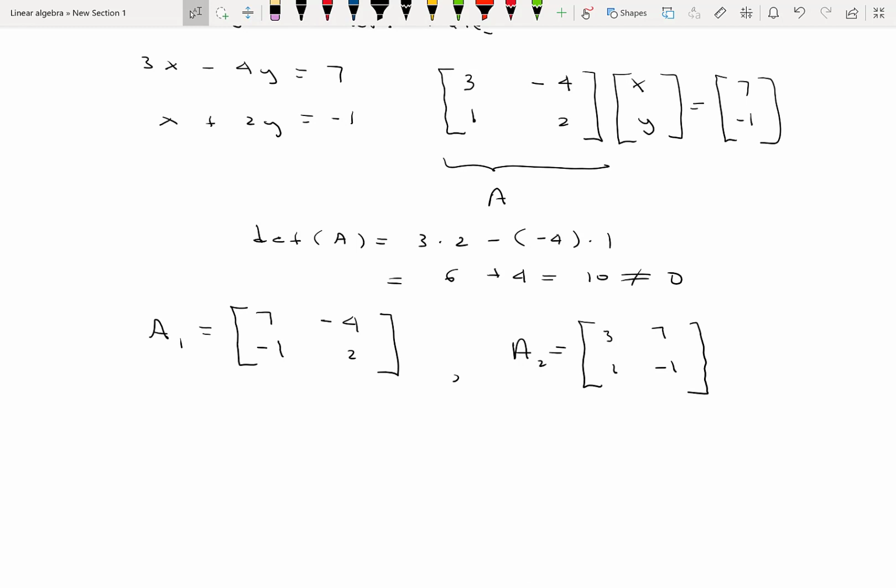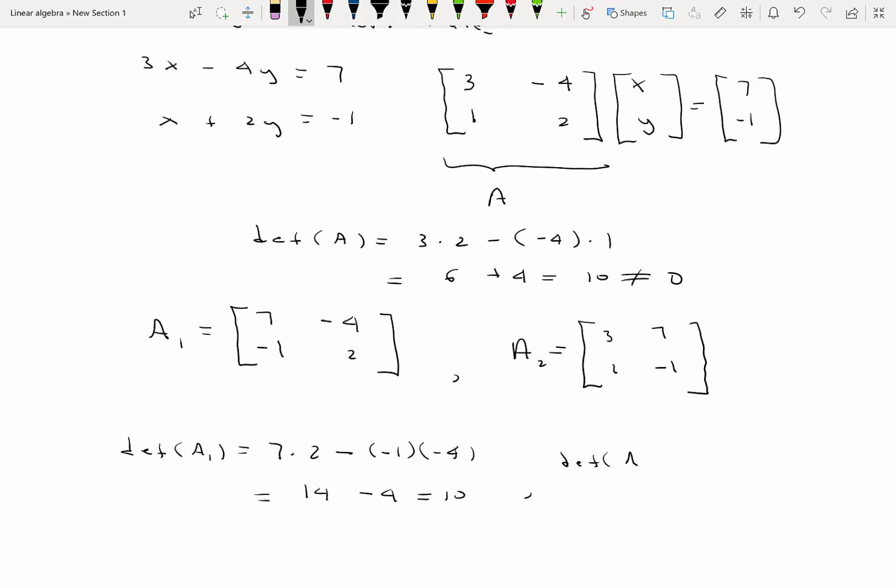Okay. So then we compute, we need the determinant of A1. That's 7 times 2 minus negative 1 times negative 4, which is 14 minus 4, and that's 10.